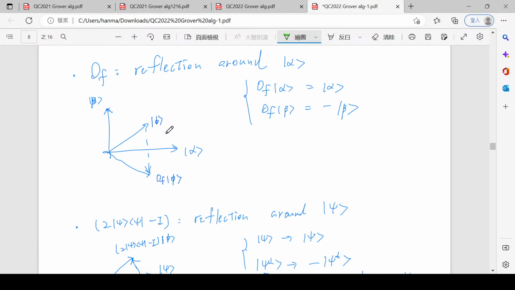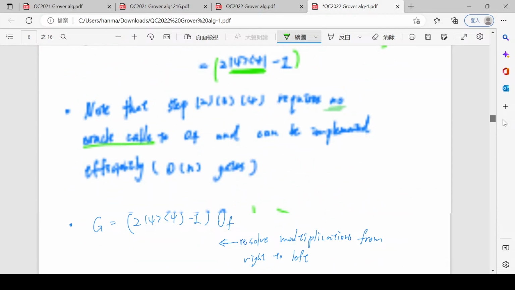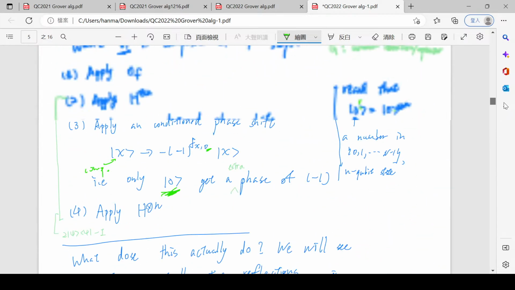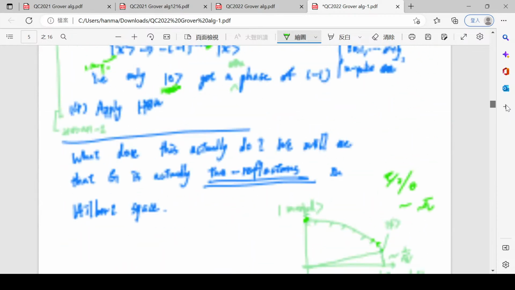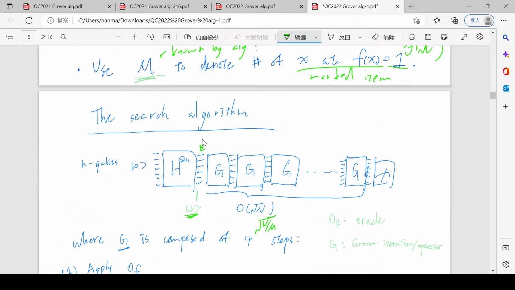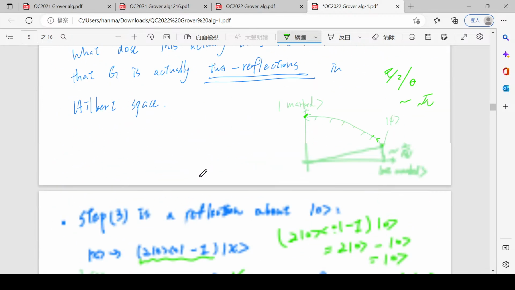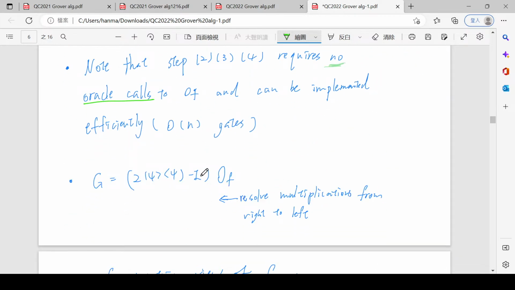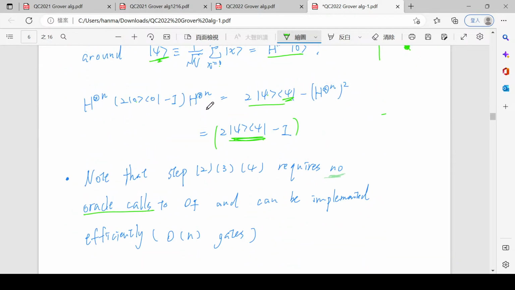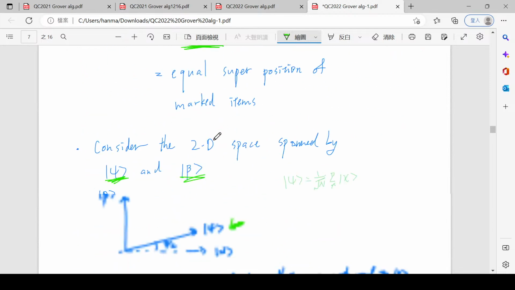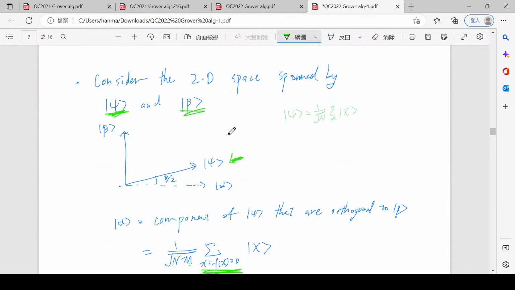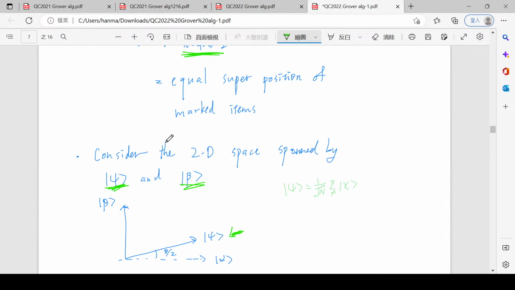So every step of the algorithm, I guess every step means in between every global iteration, will be inside this two-dimensional plane. So every one of those steps will be inside this two-dimensional plane. And so we only care about what happened here. Okay. And now let's see our reflections.